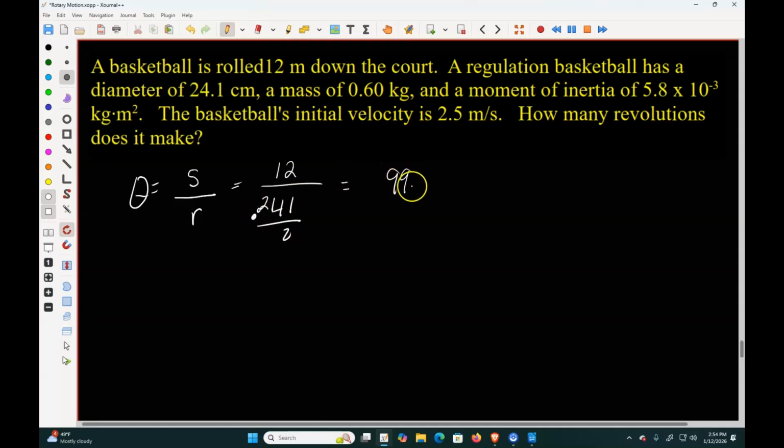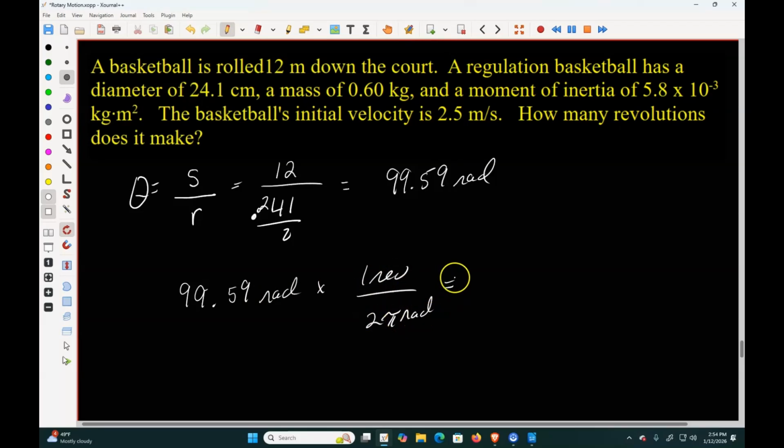It gives me 99.59 radians. So 99.59 radians times 1 revolution over 2 pi radians. This will give me 15.8 revolutions.